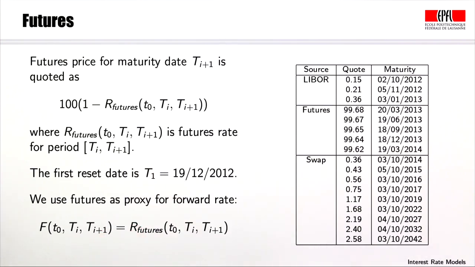We have 5 futures prices. The reset date for the first futures, T1, is the 19th of December 2012. We use futures rates as proxies for forward rates, as shown here.